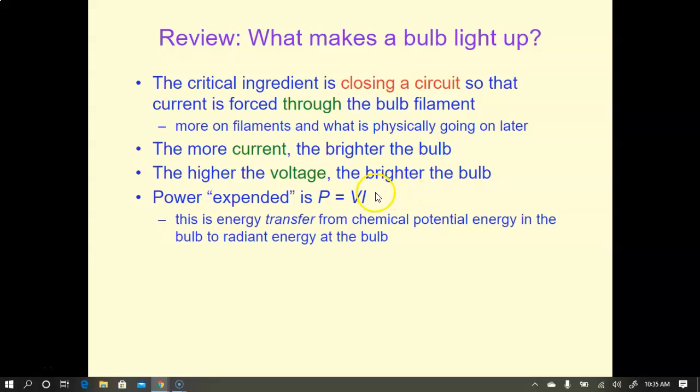And then power is going to be equal to voltage times current, so obviously increasing either of those increases the overall power. So this is the energy transfer we're talking about from the chemical potential energy in the bulb to the radiant energy that is what we're hoping to get from the bulb, the whole reason that we are using the bulb in the first place.